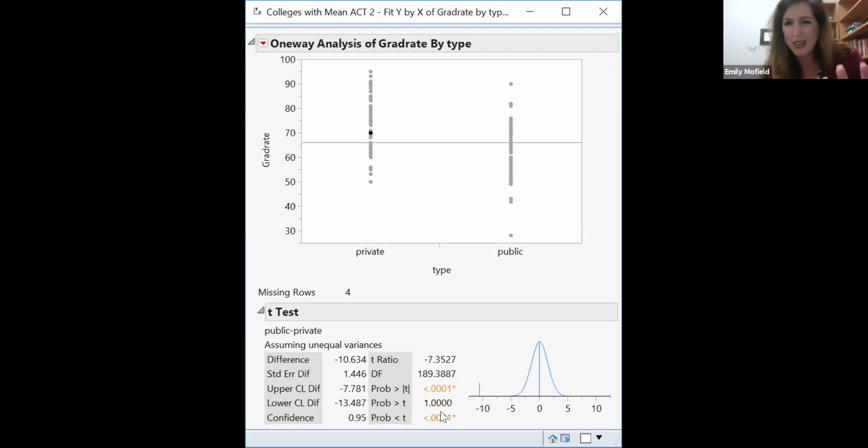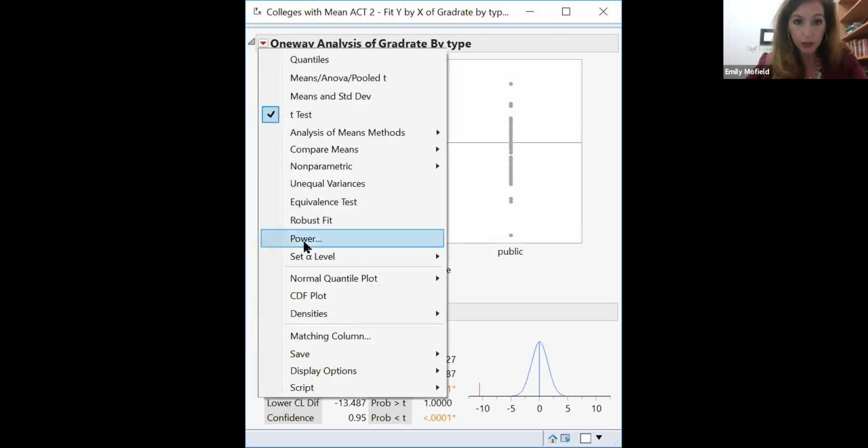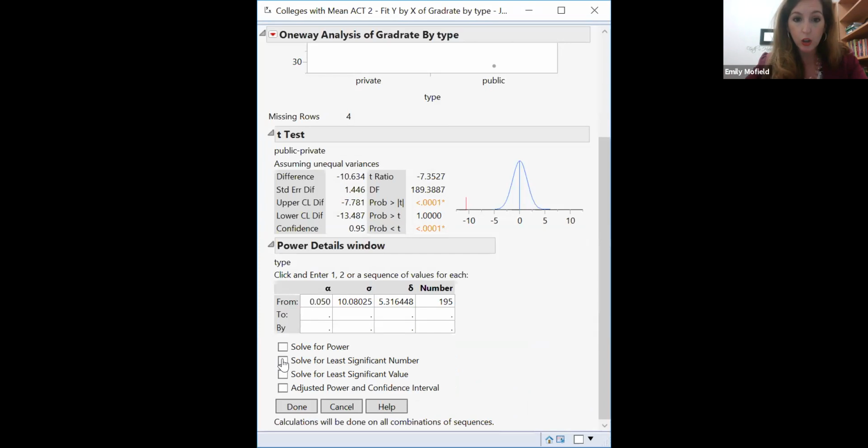But before you do any of this analysis, you need to set in your head, am I just using a non-directional null hypothesis? And most of the time, that's what you're doing, and you look at this t-value right here. Now, because there is a statistically significant difference, now you get to report power. So to do that, you go here, and you go to power, and you click solve for power.